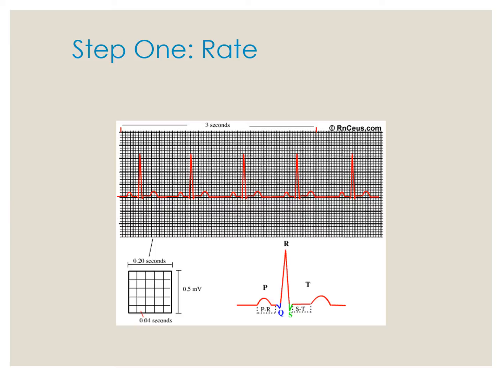In between each one is a 3-second interval. So when you print out a 6-second strip, you should see 3 little lines on it, right? So you have 3 seconds and 3 seconds. And remember, each large box is 0.20 seconds and each small box is 0.04 seconds. And that's how you determine the rate.